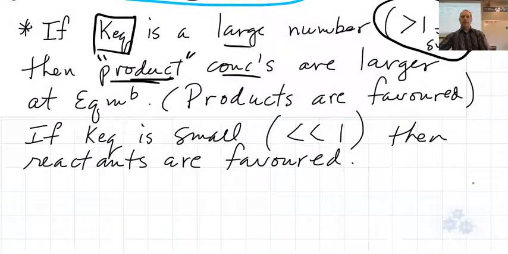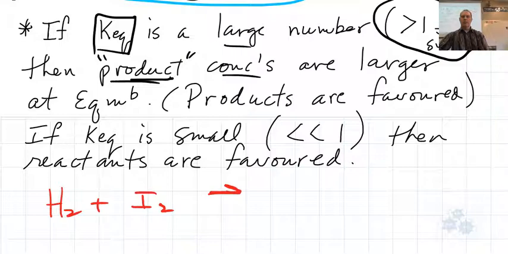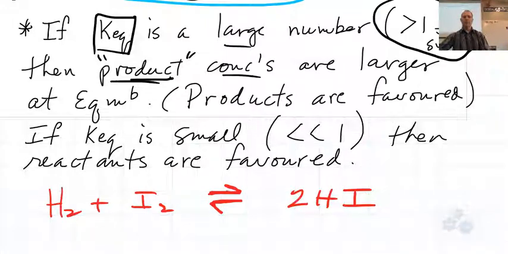So let's just say we have H2 plus I2. That was in the video. And this is another way that you'll see me and others draw the equilibrium arrows, kind of a half arrow in one way and a half arrow the other way. You'll see that a lot in university and whatever. That's equilibrium. With 2HI, let's say.